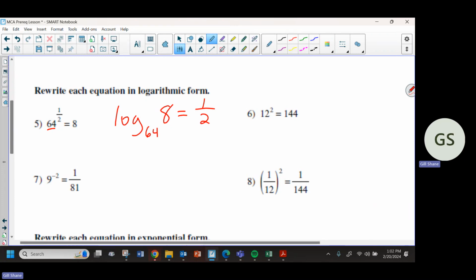Again, I guess we can start filling in. So what is 6? The base is always the base. That should be easy. Once you get that part, what's on the right side is the exponent. So that should be pretty easy. Even if it looks weird, the exponent goes on the right. So then the 144 would have to go there.